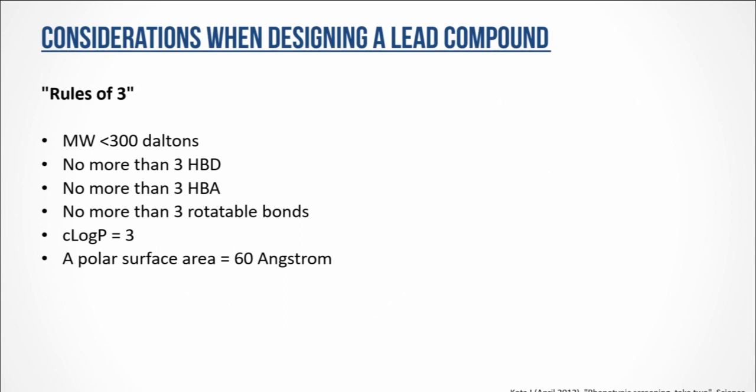One of the first set of rules we want to consider is the rule of 3. For example, the molecular weight, we don't want it to be more than 300 Daltons. Daltons being the molecular weight units that we use for small molecules. We don't want to have more than 3 hydrogen bond donors and no more than 3 hydrogen bond acceptors.